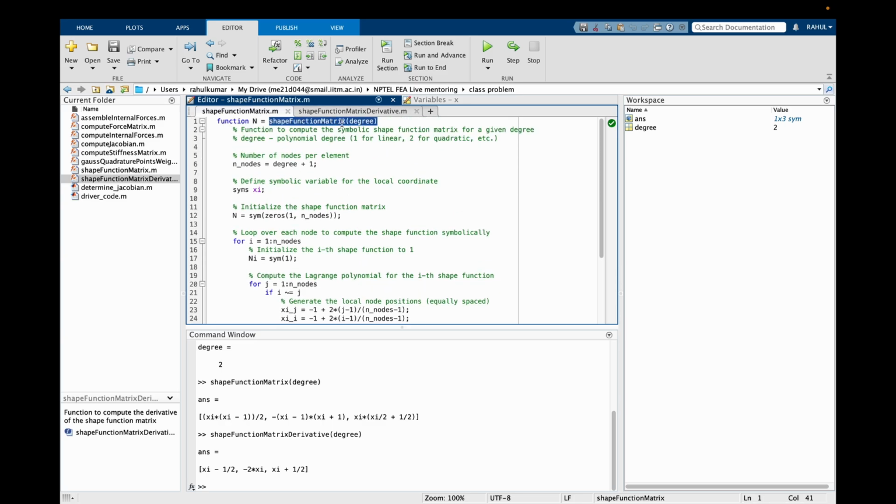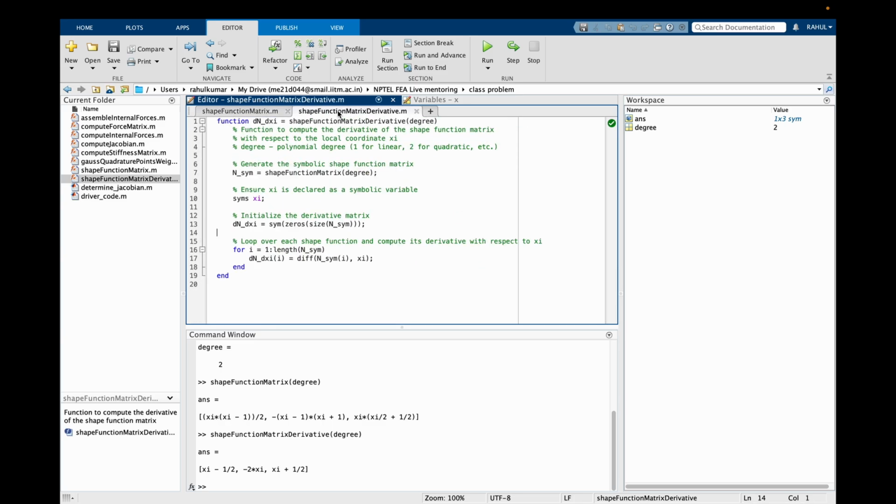This is capital N, and this is the derivative of capital N. Then this is the derivative of capital N, this is capital B.